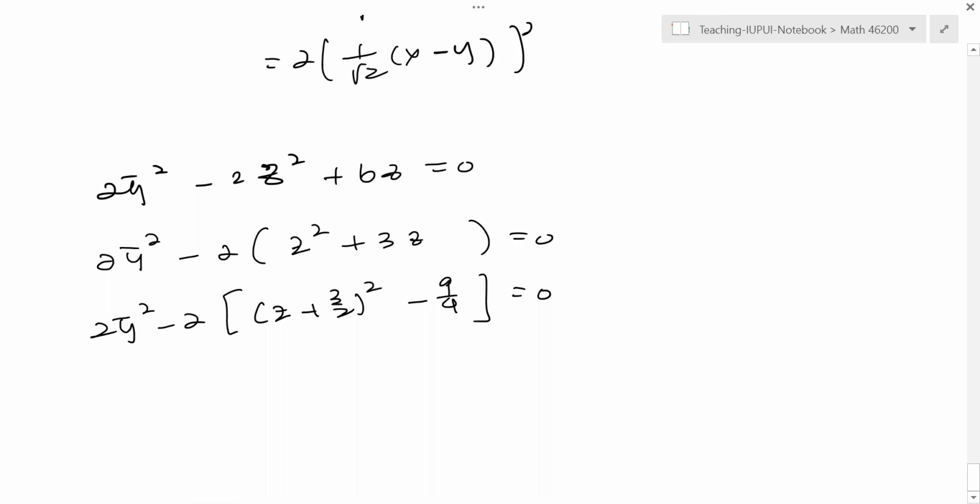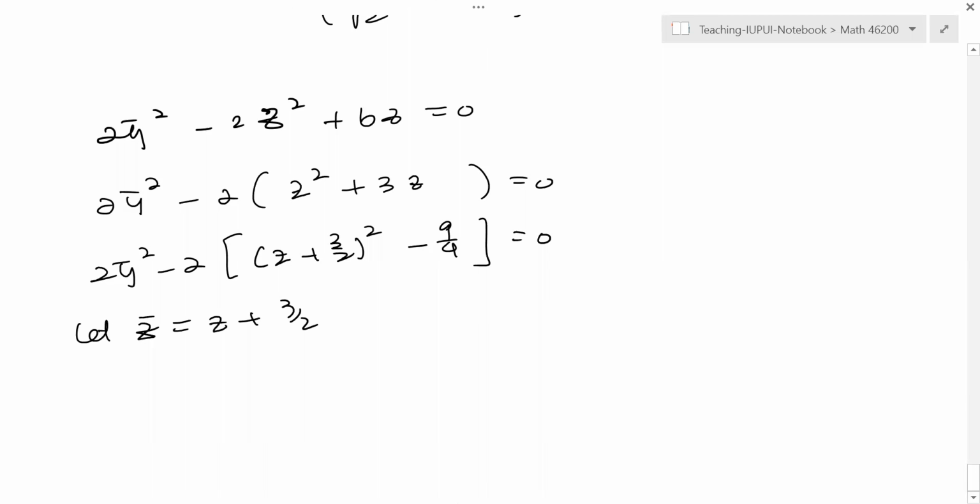So if I let z bar be z plus 3 over 2, this is a transformation. Then I got 2y bar squared minus 2z bar squared plus 9 over 2 equals 0.